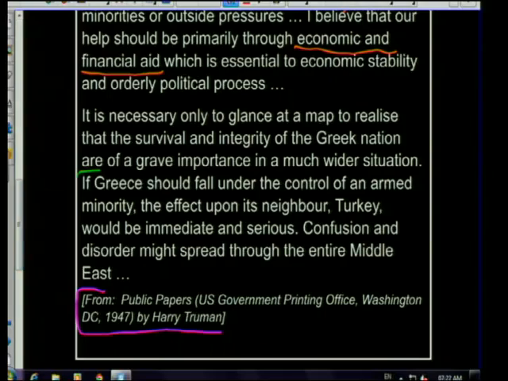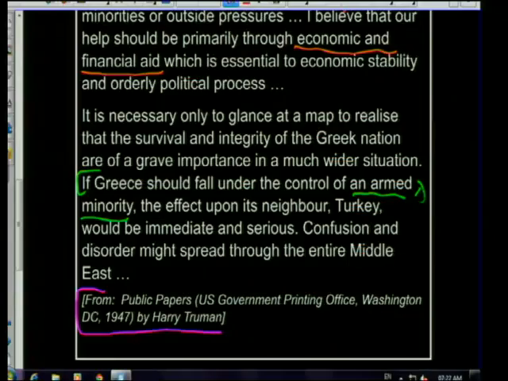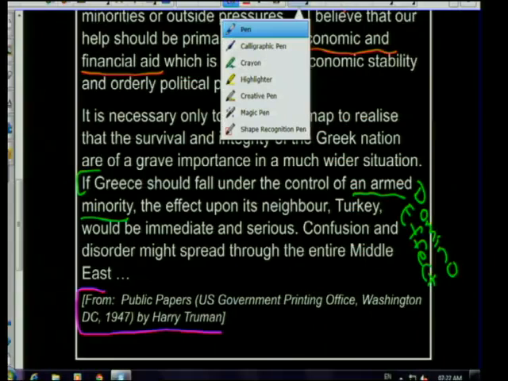Now he is saying that if the United States does not implement the Truman Doctrine, this is the danger that is going to happen, that Greece might fall under the control of an armed minority, the effect upon its neighbor, Turkey. So he's saying it's not only Greece that will fall, but that will affect the other countries as well. And now, from your own knowledge, you already know that we refer to that as the domino effect or theory, the domino theory.